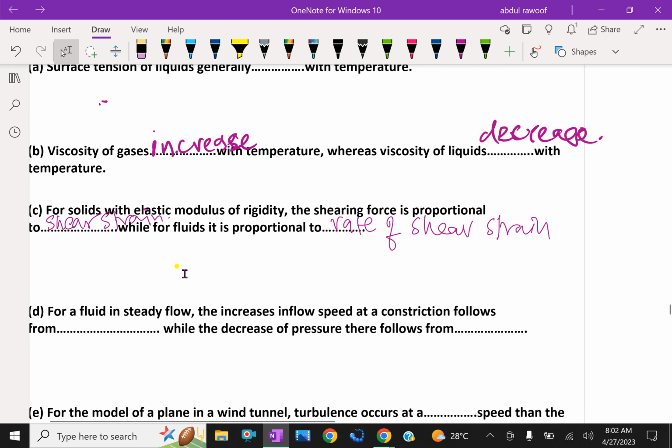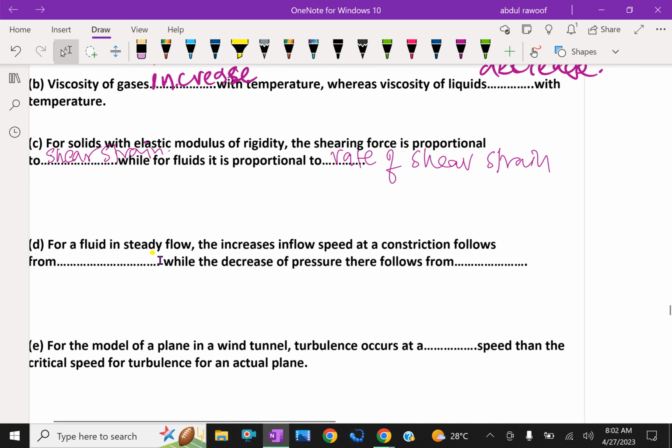Next question. For a fluid in steady flow, the increase in flow speed at a constriction follows from conservation of mass, while the decrease of pressure there follows from Bernoulli's principle.